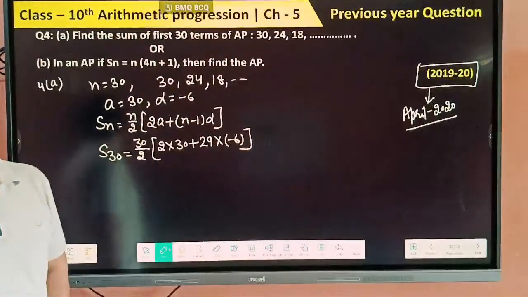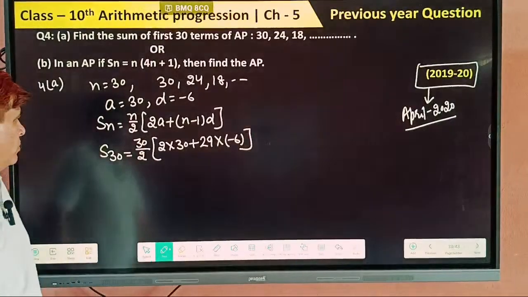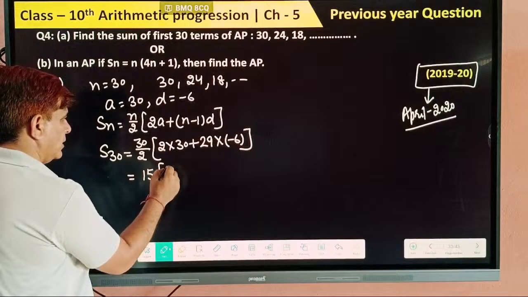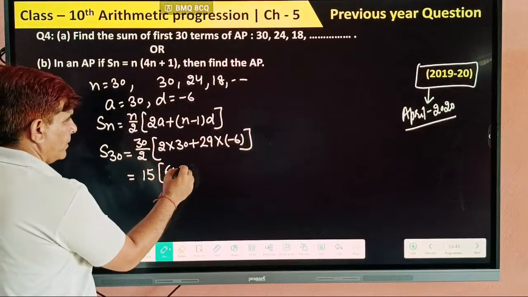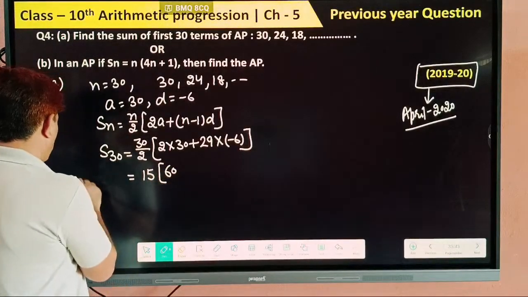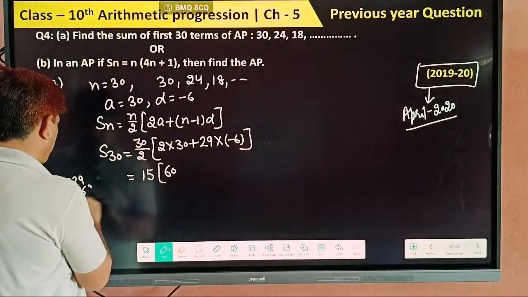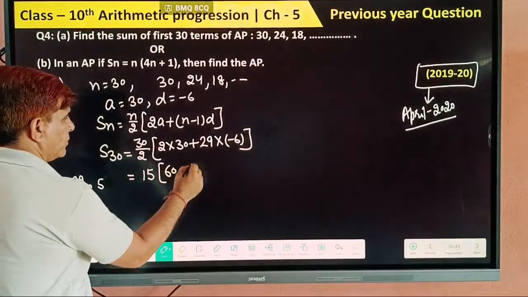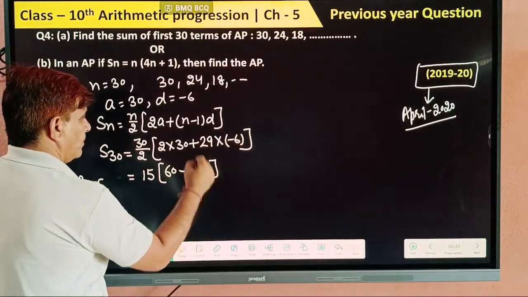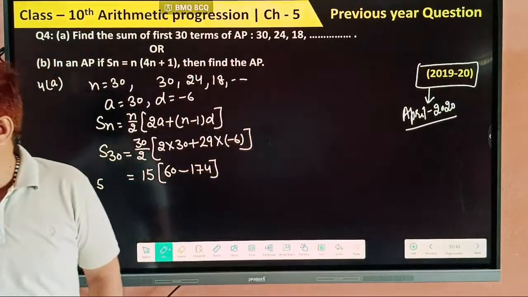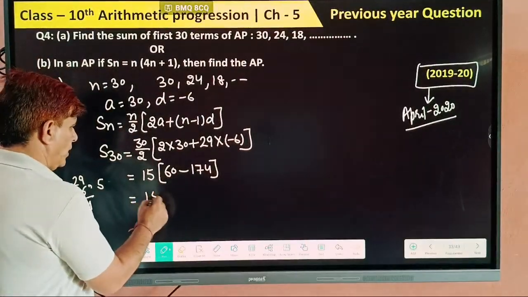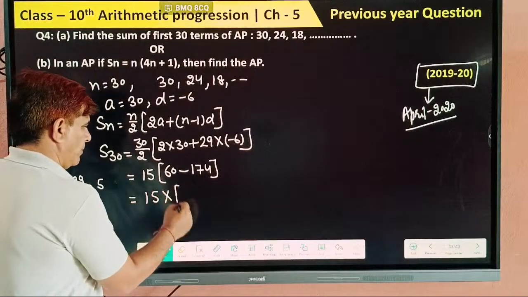Remaining calculation you know or don't know. So this is equal to 15 into 60, and this calculation 29 into 6 is 174, so minus 174. 15 into what's coming?